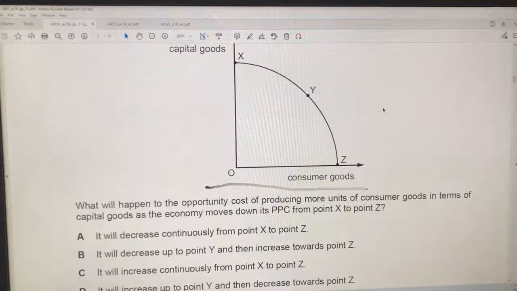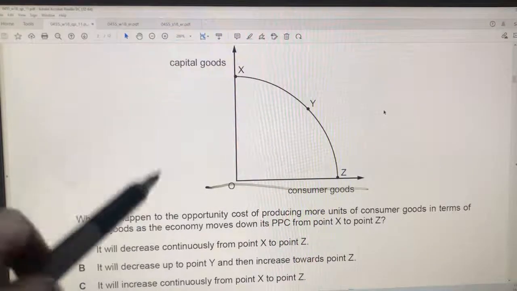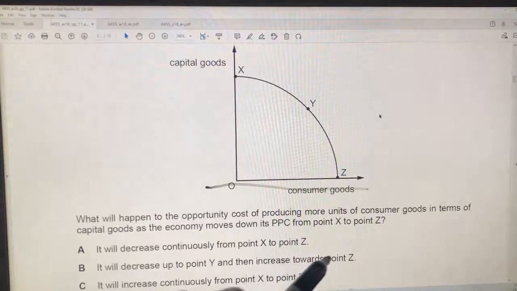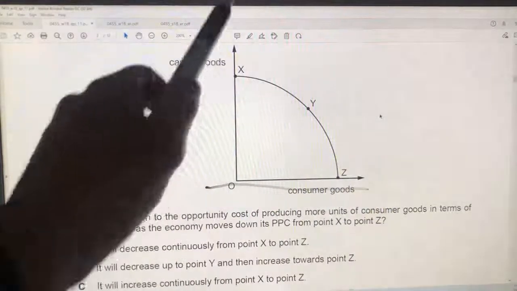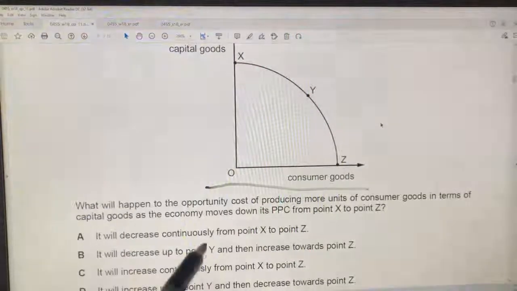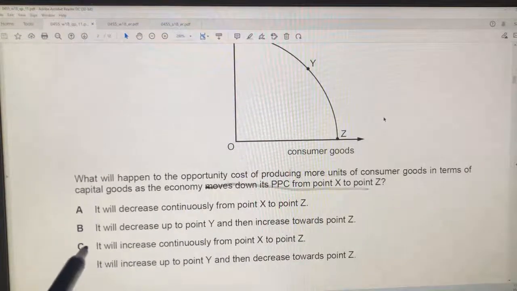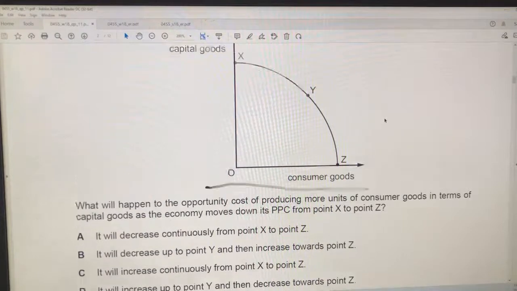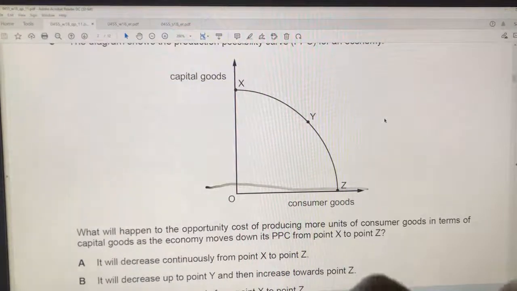So the opportunity cost of producing more consumer goods than capital goods as we move down from X to Z will show increasing continuously. The opportunity cost increases continuously from point X to point Z. Well, let's see.